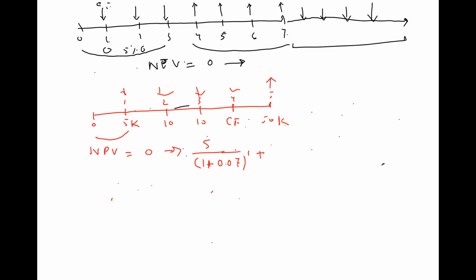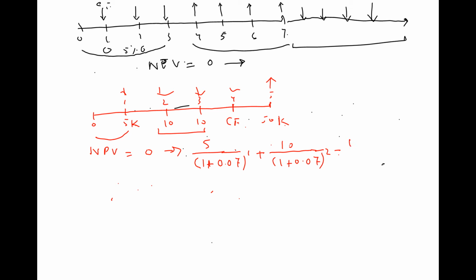Plus, if you want to treat these two constant cash flows as an annuity, you can. But I am a simple guy, I would prefer to go with 10 over 1 plus 0.07, because they are not many, but the power has to be 2.